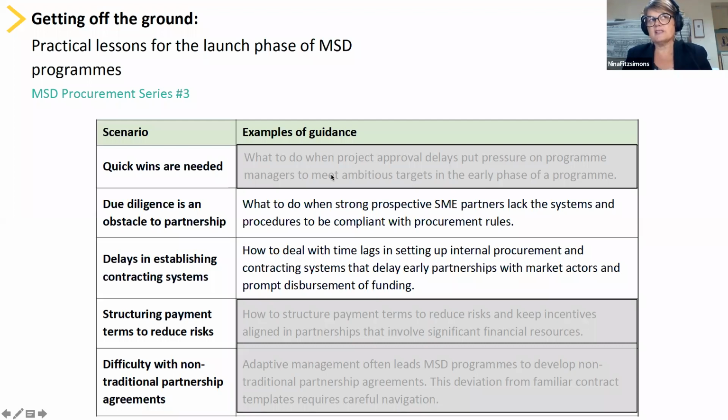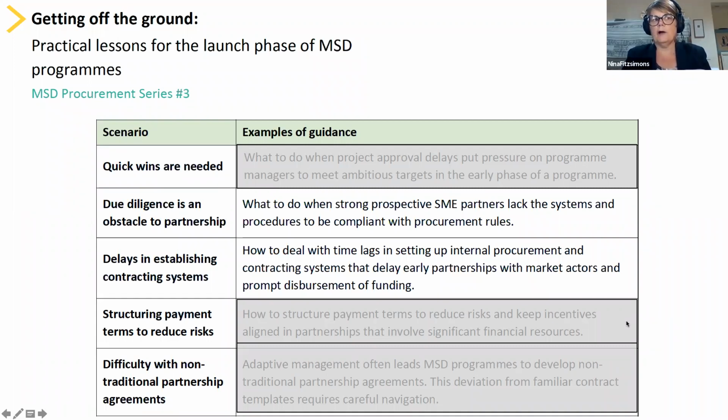And when you're starting out, which is also mentioned in Getting Off the Ground, you have the program, which is very action oriented. You have headquarters, who are very compliance oriented. And we have the donor, who's very results oriented and generally has a low risk profile.